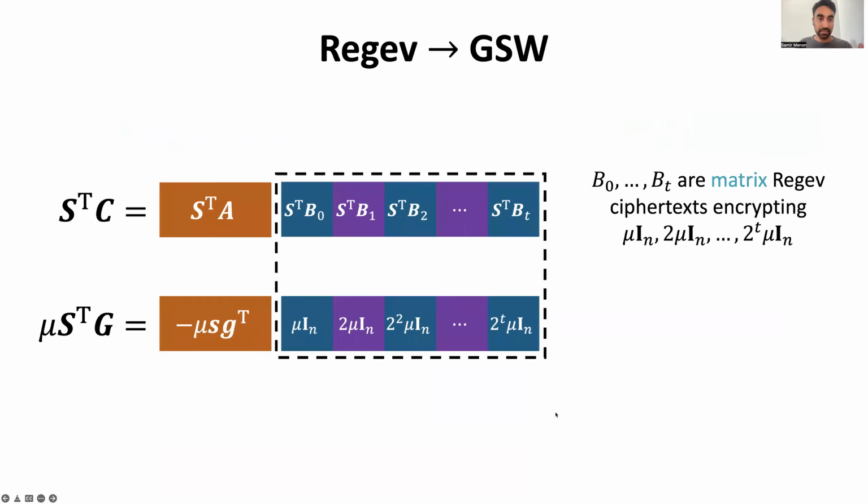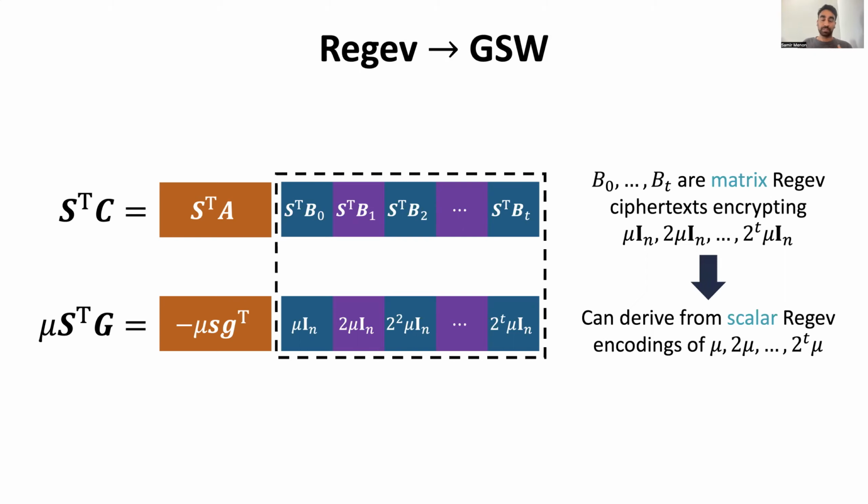So I'll start with the easy one. The easy one is we want to construct B0 through BT so that we get mu times the identity matrix, 2 times mu times the identity matrix, 2 to the 2 times mu times the identity matrix. Basically, we want the powers of 2 scaled by the identity matrix times mu, the bit mu.